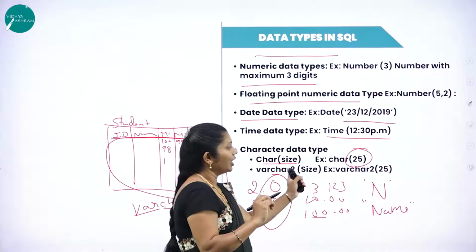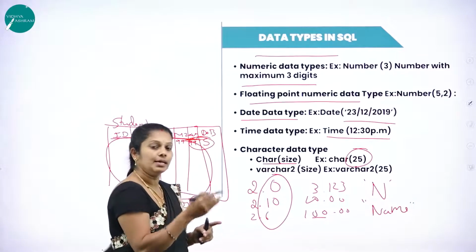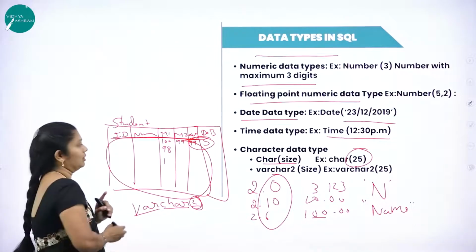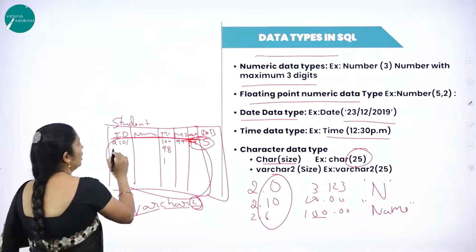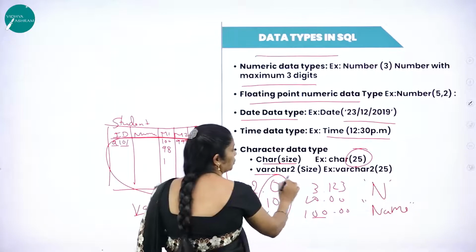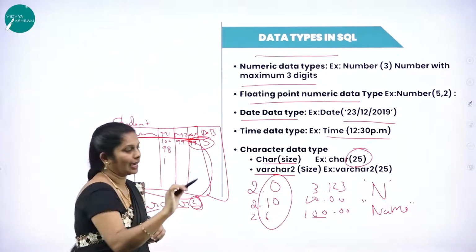Then if I write varchar2, I can insert both variables as well as numbers. For example, student ID. There I am going to write A101. It is a combination of numbers as well as characters. Then we use varchar2. That means I can enter both numbers as well as characters.